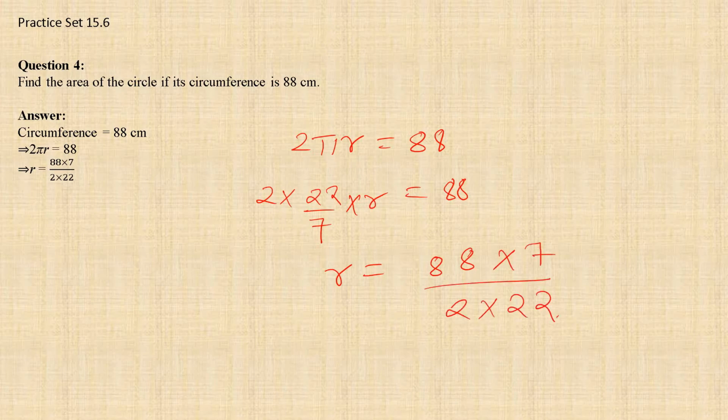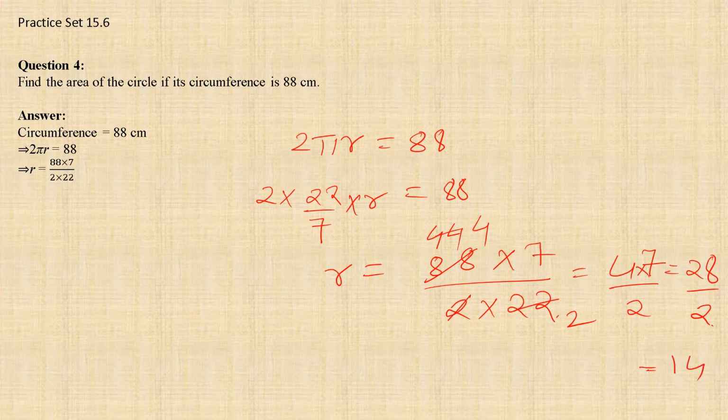So we can simplify this. So this becomes 11 twos are 22, 11 fours are 44. So this becomes 4 into 7 divided by 2, that is 28 divided by 2, which will give you 14. So r is equal to 14 centimeters. Now we need to find the area.